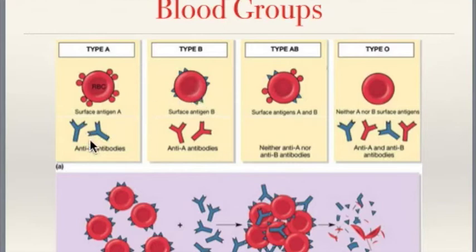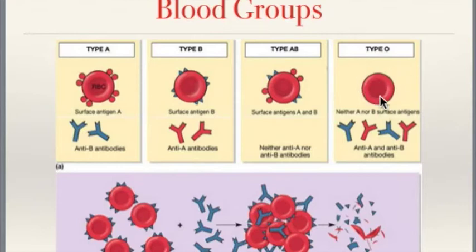So now, if I give type O blood to this type A person, these anti-B antibodies will not react with the type O red blood cells. Do you see that? Because there's no B antigens.